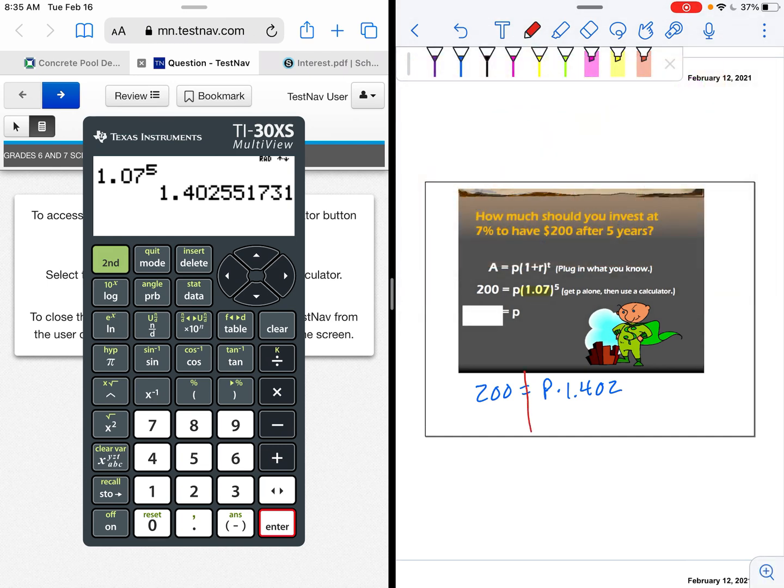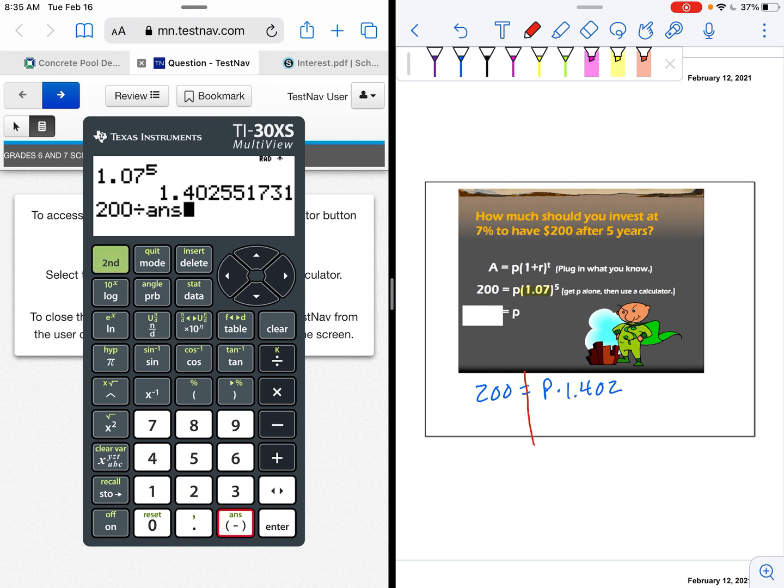I'm going to go ahead and leave that in my calculator. I'm going to divide this down the middle, and then I'm going to divide 200 by that number. So I'm going to do 200, and watch what I'm going to do. Divided by, and then I want to divide it by this previous answer, the 1.052. You could always clear it out and write that down and divide it by that number, but I'm going to do divided by second answer.